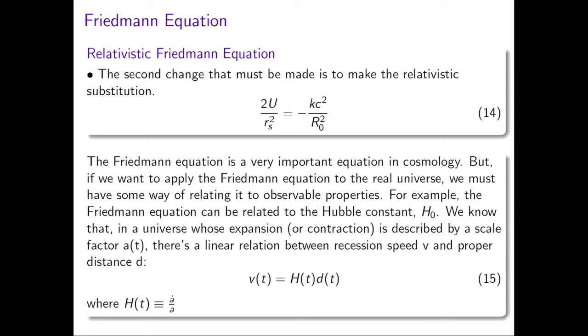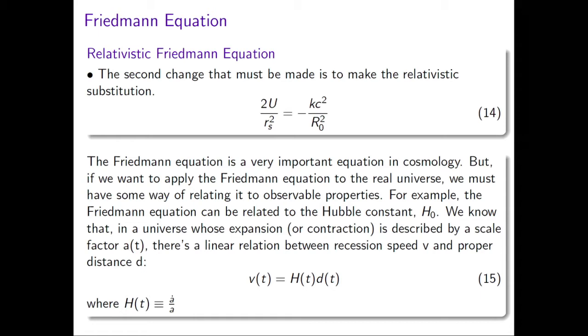From what we have seen in the previous lecture, we know the linear relation between the recessional velocity and the proper distance, that is v is equal to H times the distance. All the variables here are only dependent on time and nothing else.